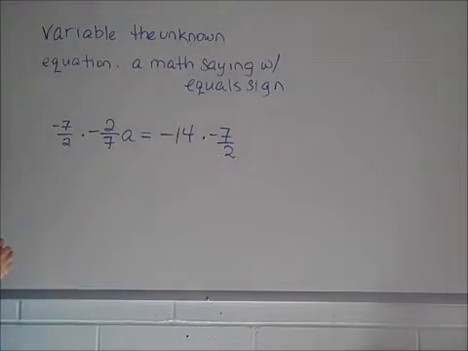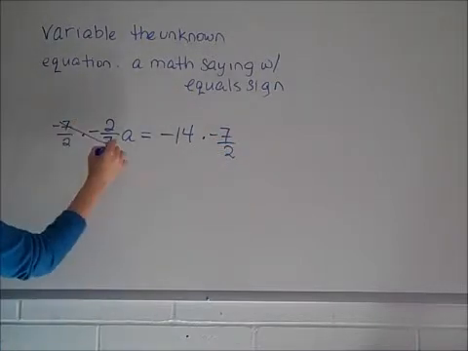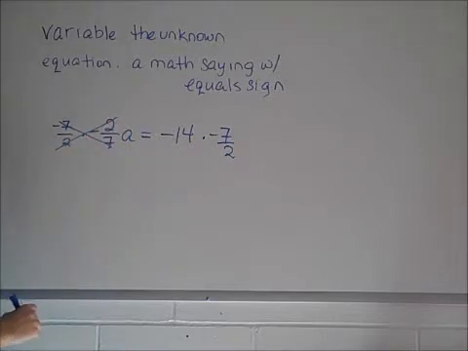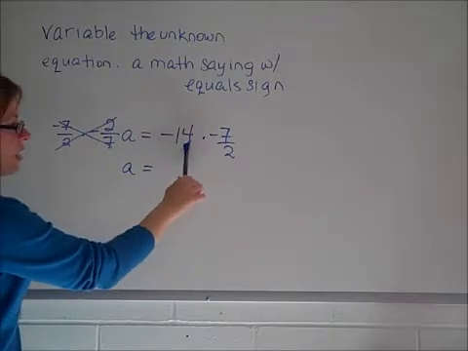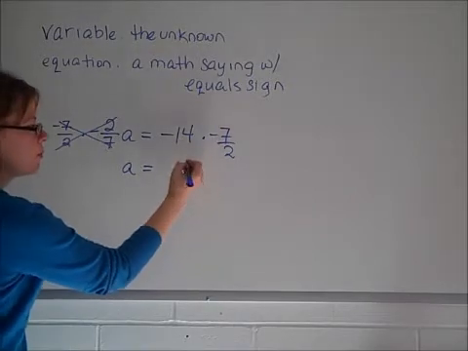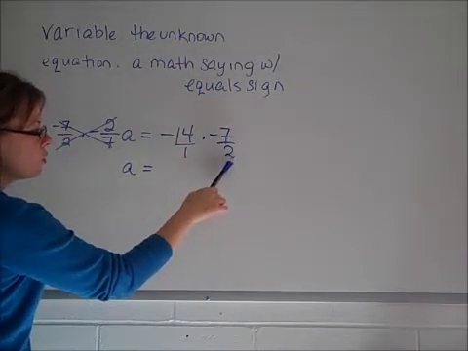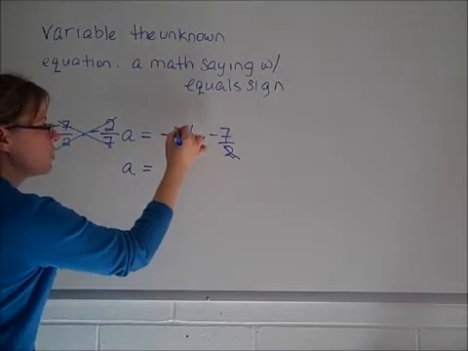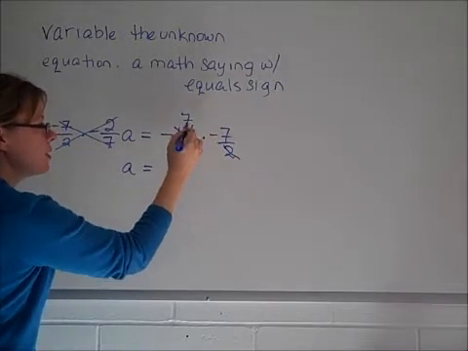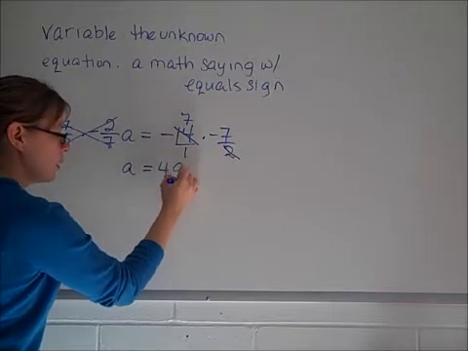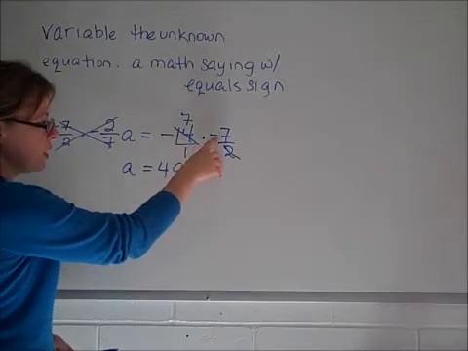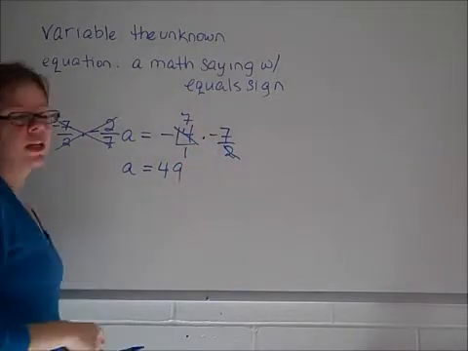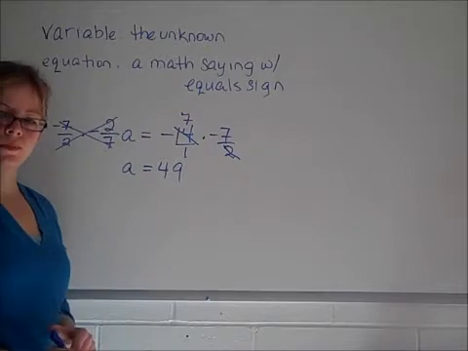So on the left-hand side, remember multiplying by reciprocals just makes 1, so they cancel out. a equals, on this side, a negative times a negative is going to be a positive. 2 goes into 14 7 times, 7 times 7 is 49. Alternately, if you're not comfortable with the cross reducing, you could also multiply the top, 14 times 7, and then divide it by 2. It'll work the same way.